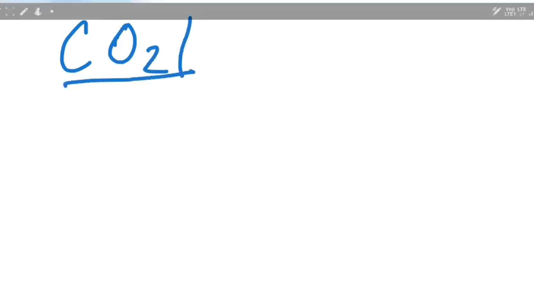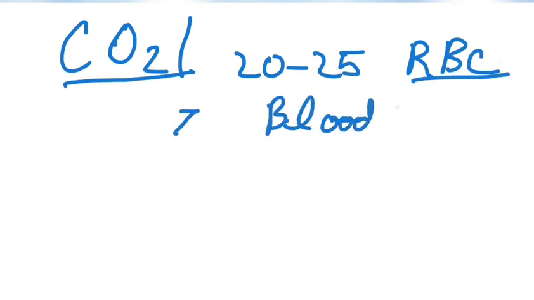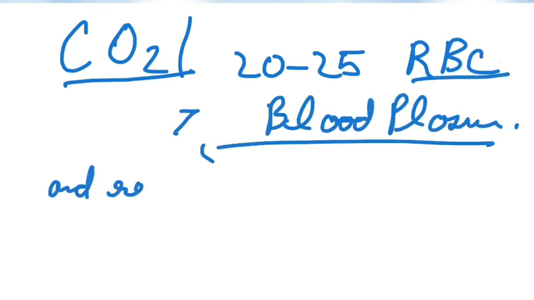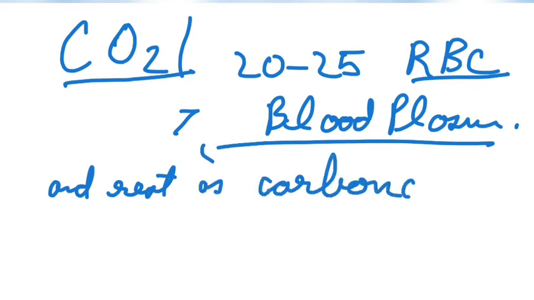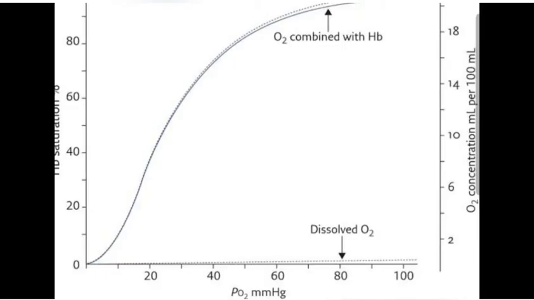Now you may wonder how the rest of the carbon dioxide is transported in blood. The remaining carbon dioxide is transported in the form of bicarbonate directly to its required position. Now let's talk about the oxygen dissociation curve, or we can say the sigmoid curve.